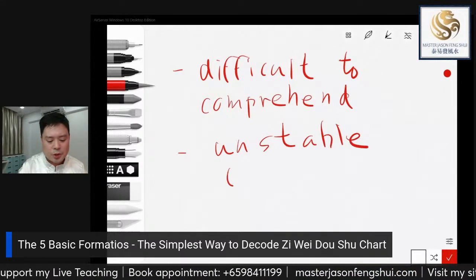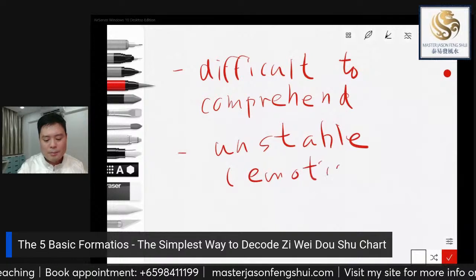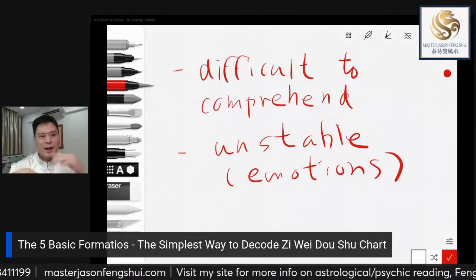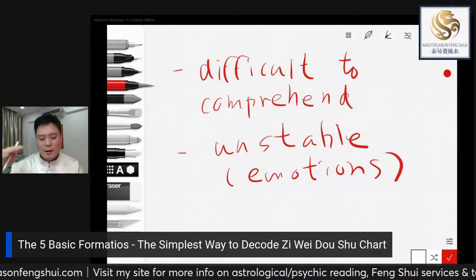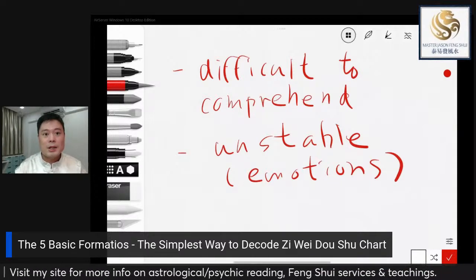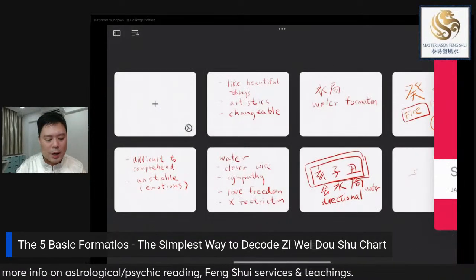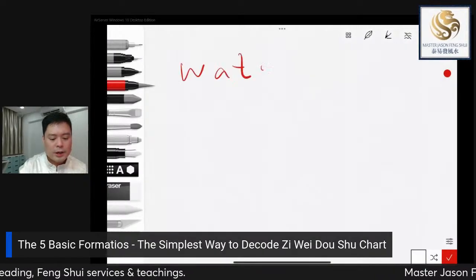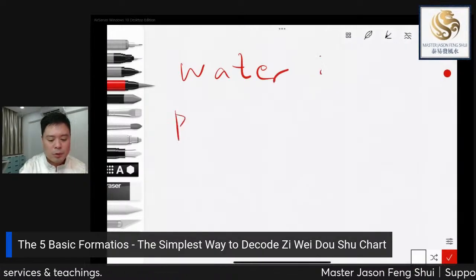especially their emotions. Because like the ocean, it is always having waves and fluctuation, but they can be very attractive in a sense, because water is always related to peach blossom also.